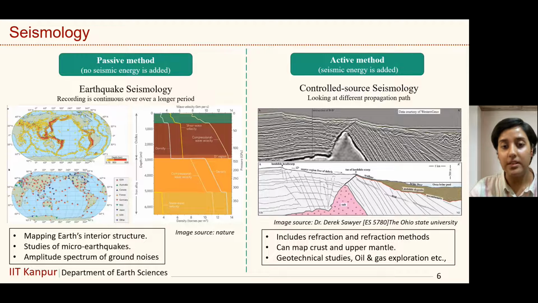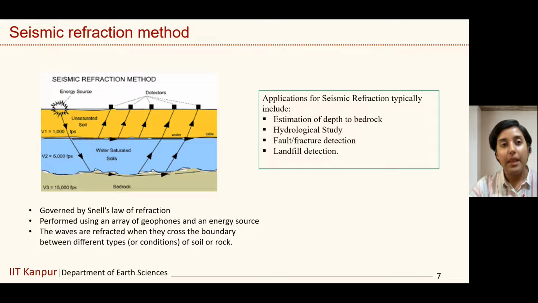So moving ahead, let's focus on oil and gas exploration, because here it plays a very major role. This method was developed primarily for exploring oil and gas. So let's understand how it does.